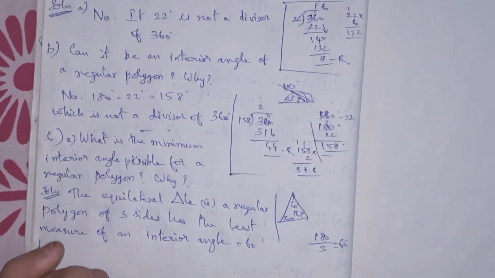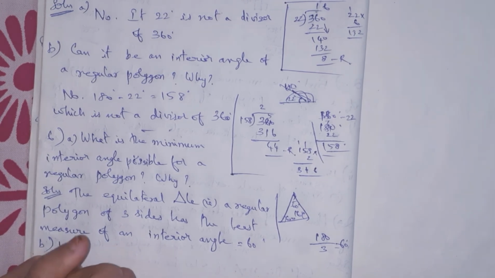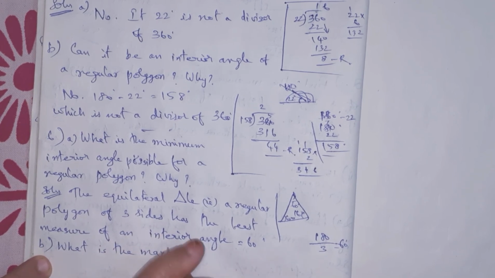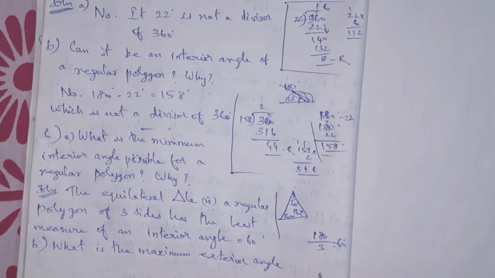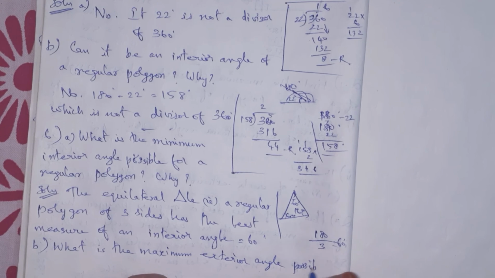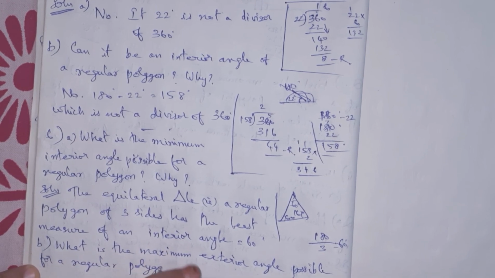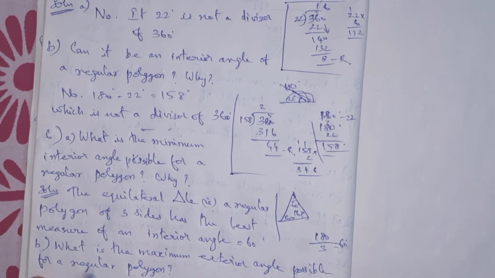B sum. What is the maximum exterior angle possible for a regular polygon?